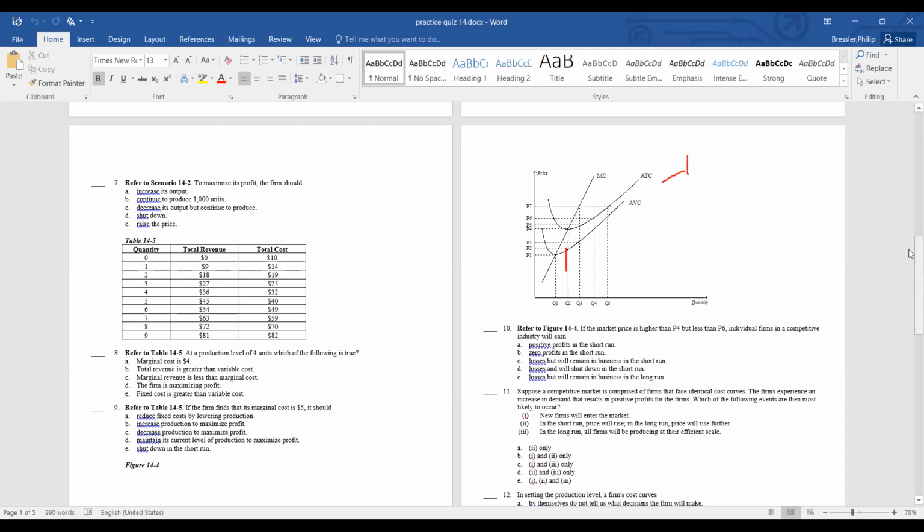And therefore, you're going to increase production because every time you produce another unit, you make money, $9 compared to 5. Does that make sense to you now? Okay. All right. Any other questions on chapter 14?